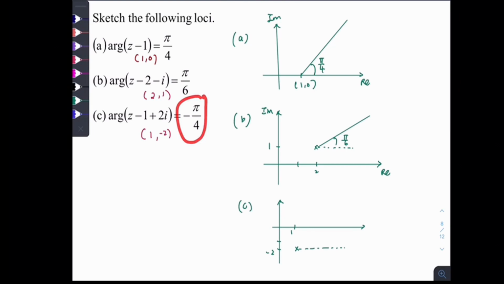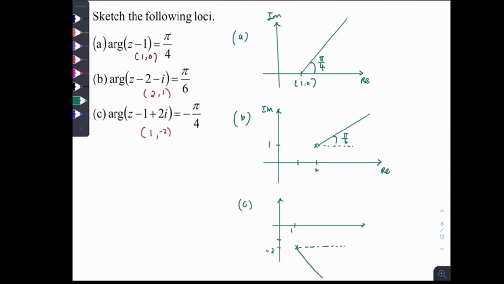If it is negative, that means we have to draw the line in the negative direction, which is here. Okay, that's how we sketch the argument straight line.